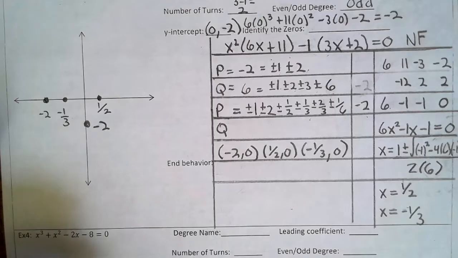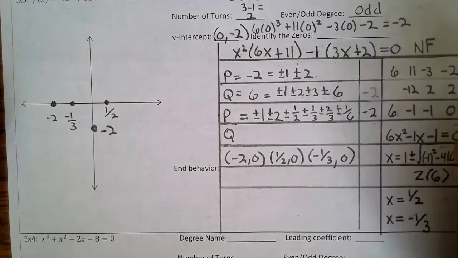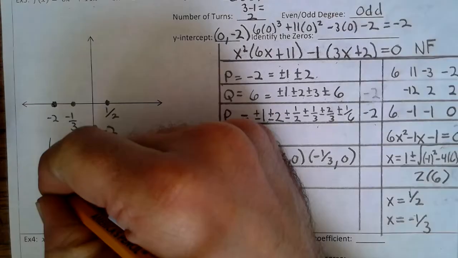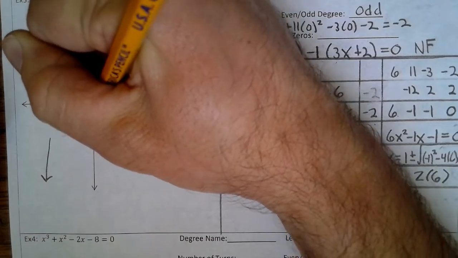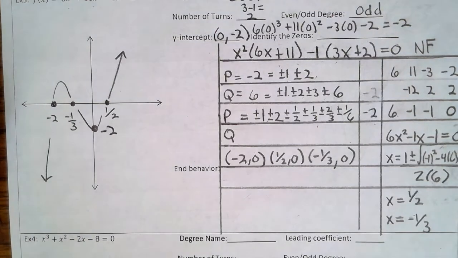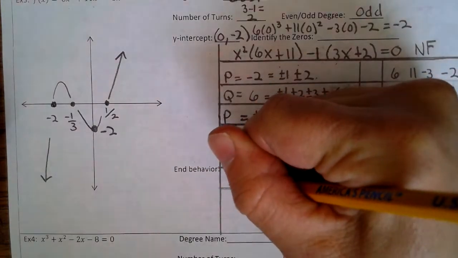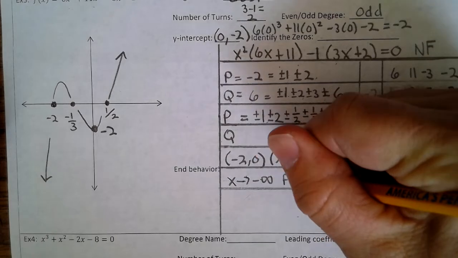And it has 2 terms, so 1 and 2. And behavior as x approaches negative infinity, f of x approaches negative infinity, and as x approaches positive infinity, f of x approaches positive infinity.